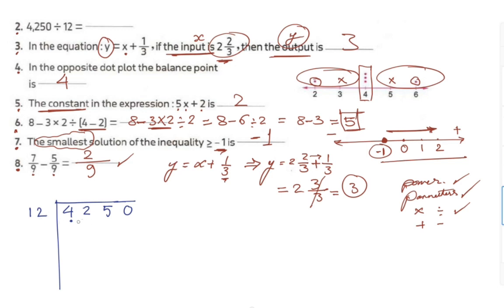No way, so take 2: 42 divided by 12. Of course, when you have a long division of 4 digits divided by 2 digits, use what? Use trials. Now I will use the table of 12.